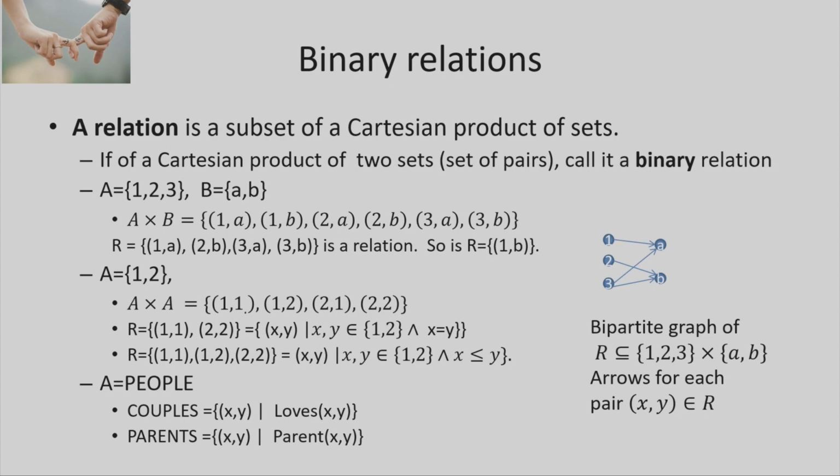On the right side we will have A, B. And we will say that a relation R relates 1 to A, but only to A. It relates 2 to B. And it relates 3 to both A and B. Notice that if 3 were related to only one of them, this would be a special kind of relation called a function.